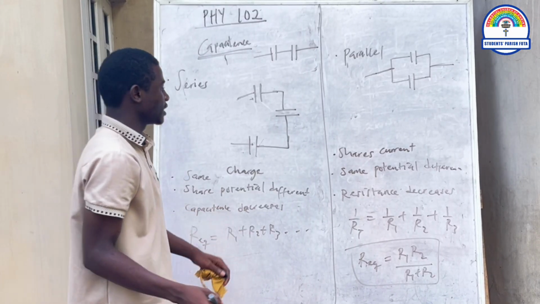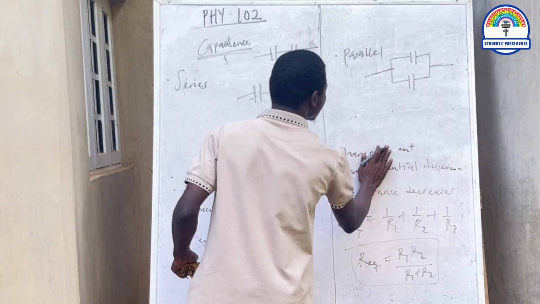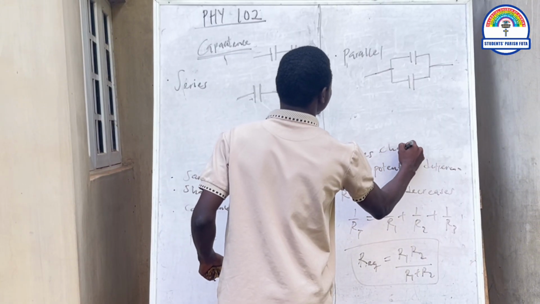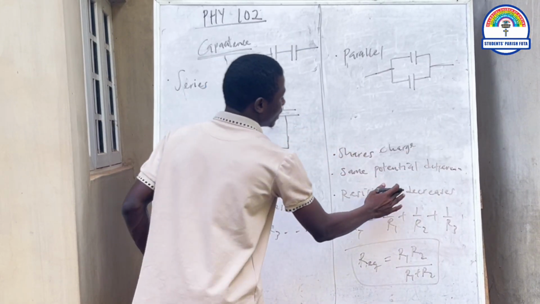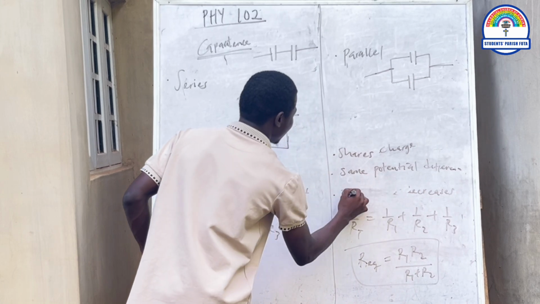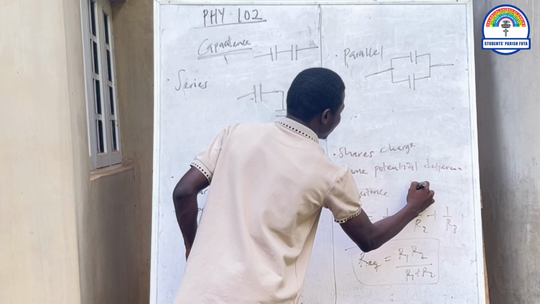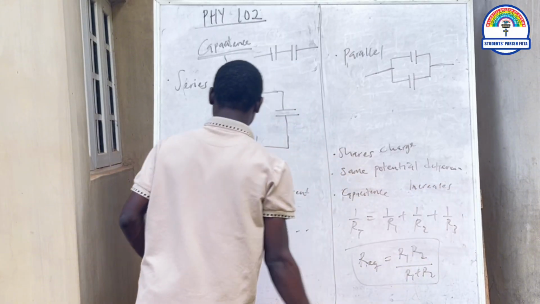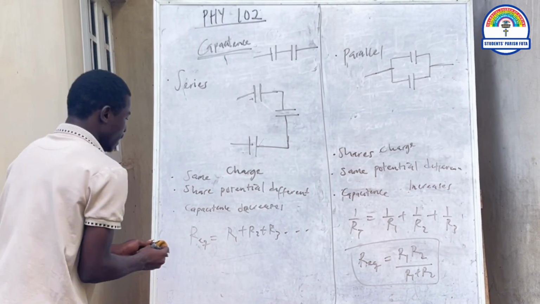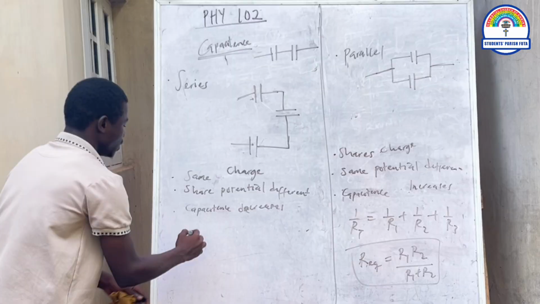Why does it decrease? I will explain. For this one, they share the charge, same potential difference, and the capacitance increases. So unlike in resistors, the equivalent of capacitance is interchanged.